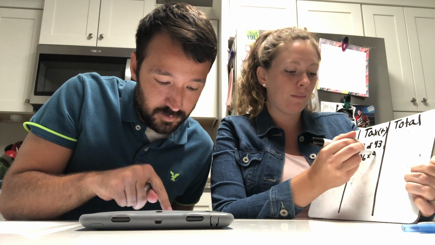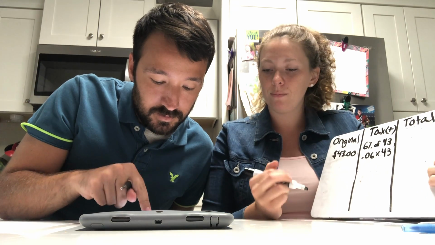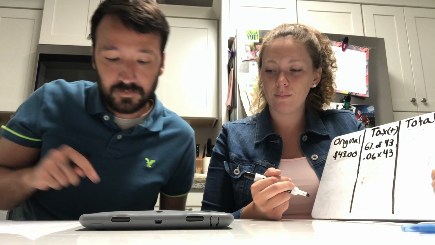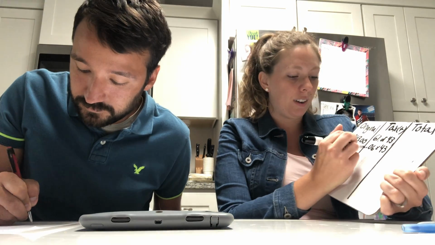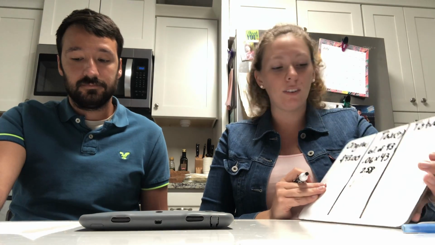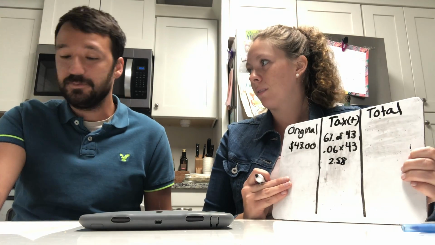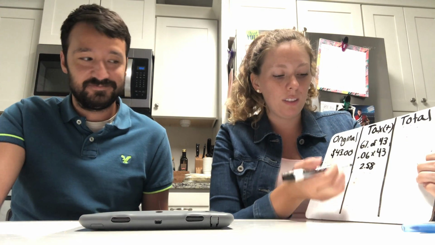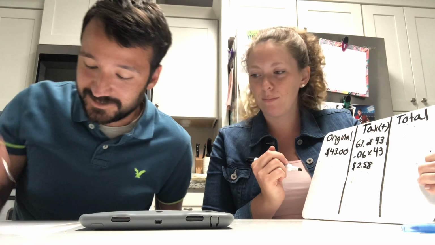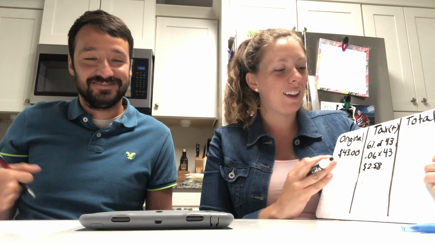So I'm going to type in 0.06 times 43.00. 2.58. Very good. Now, how does that number look? Pretty good to me. The only thing that it would be missing is a dollar sign. Oh, that's right. That pesky dollar sign. Okay.